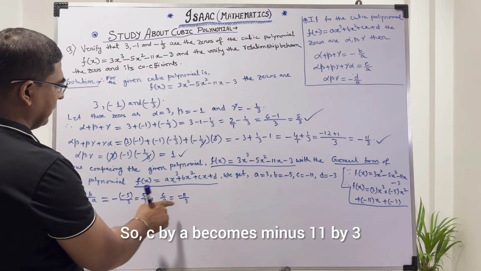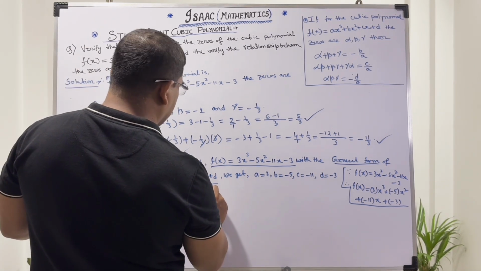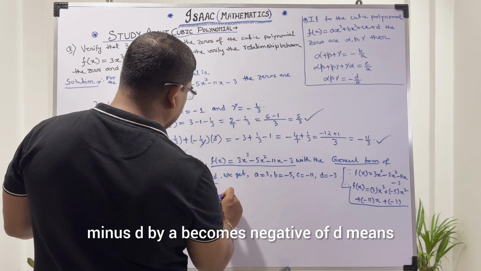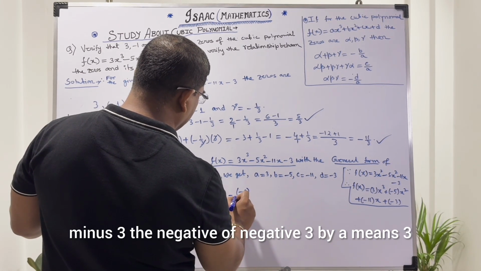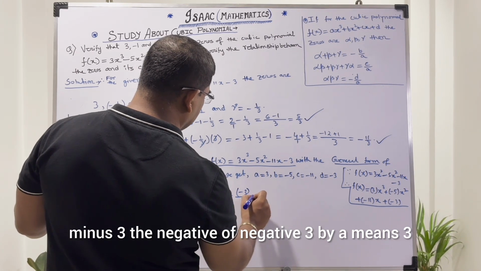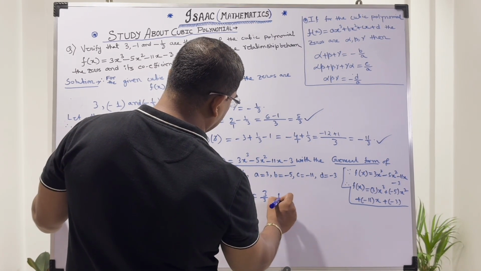So c by a becomes minus 11 by 3, and minus d by a becomes negative of, d means minus 3, the negative of negative 3 by a means 3. So this will give 3 by 3 equals to 1.